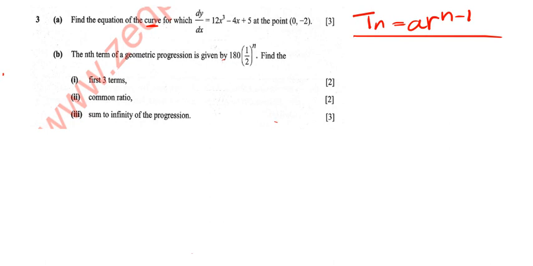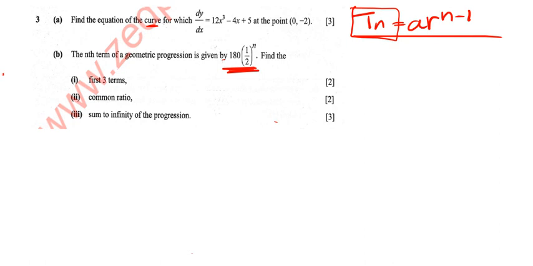This equation, you must know it. But in this type of question, they give us the nth term being defined by this, because we know that tn is the nth term. So since tn is the nth term, and it is defined by this, as we all know it by the formula.